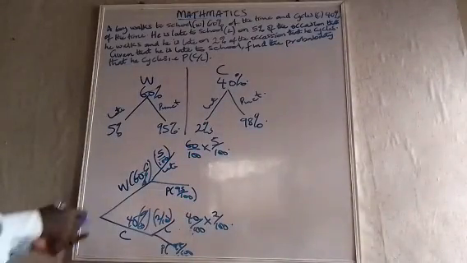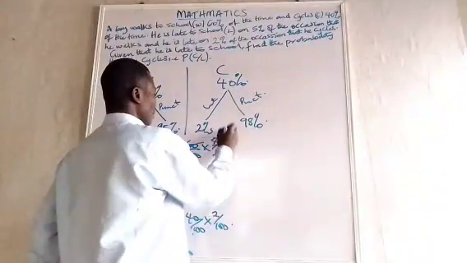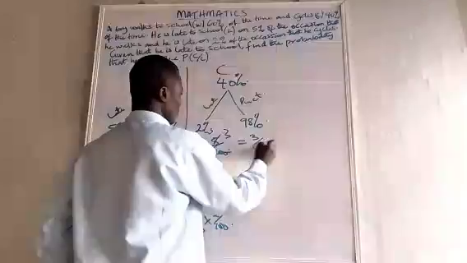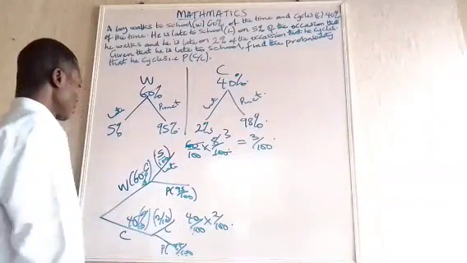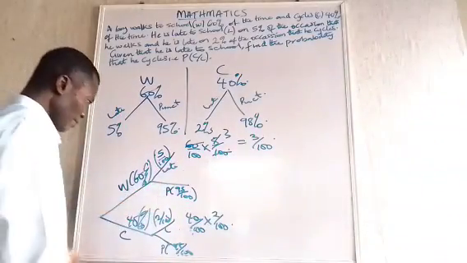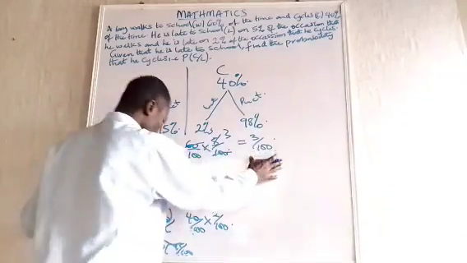So the total time of his being late, let us see. Here is 3 over 100. That is the total time he's late when he walks.